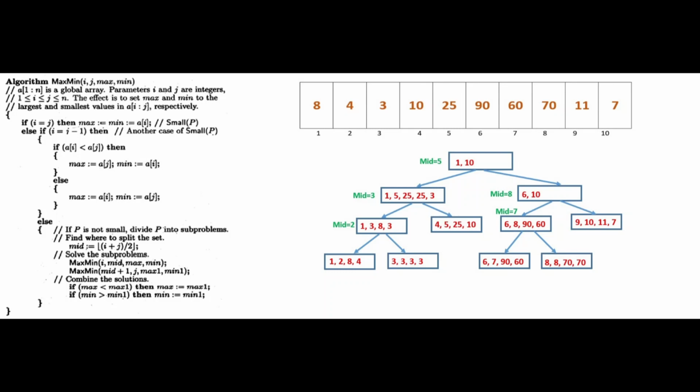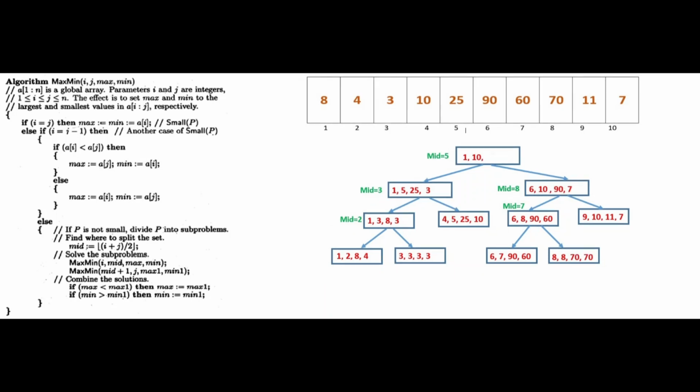Min is 60 and min 1 is 7. Here min 1 is minimum, so assign 7 to min. So 6, 10, 90, 7: maximum is 90, minimum is 7.